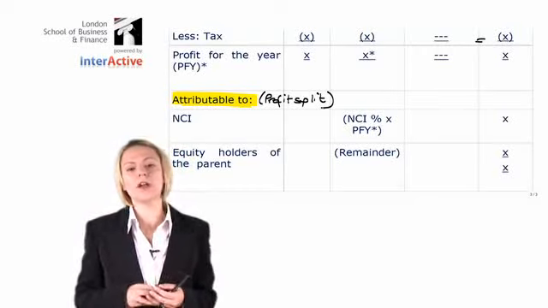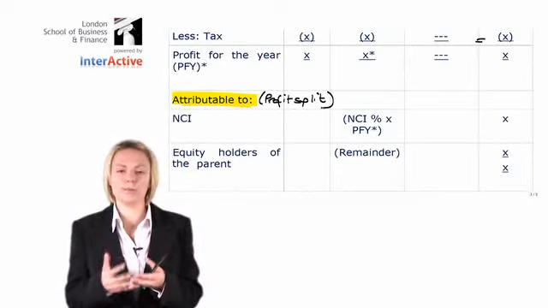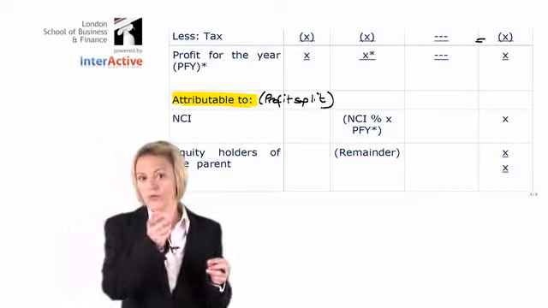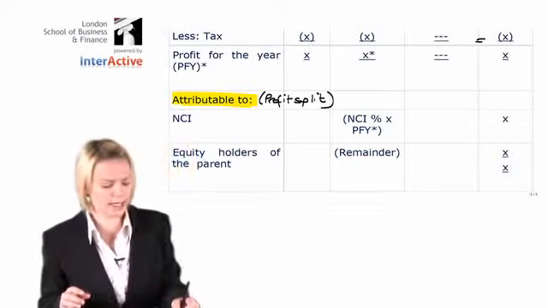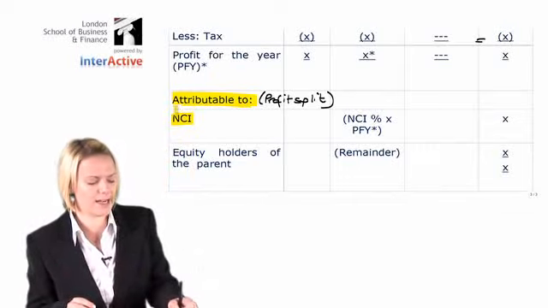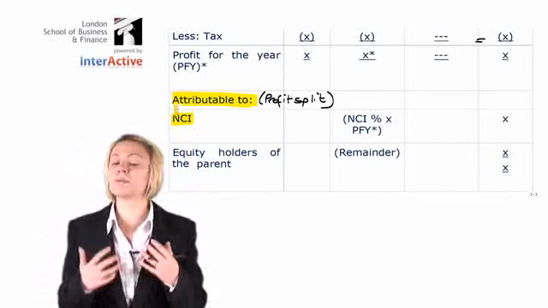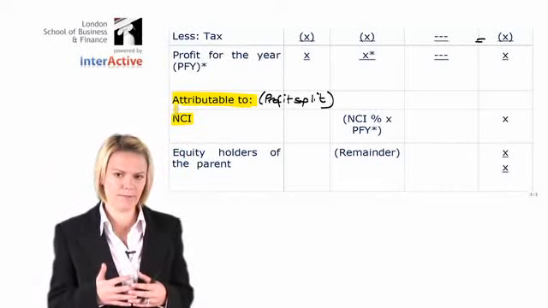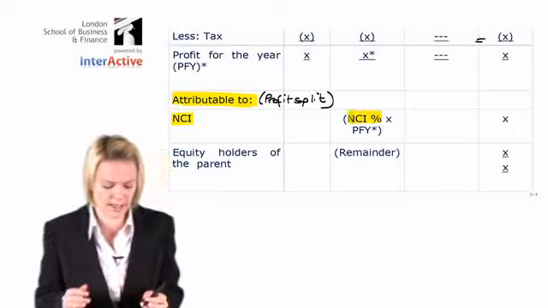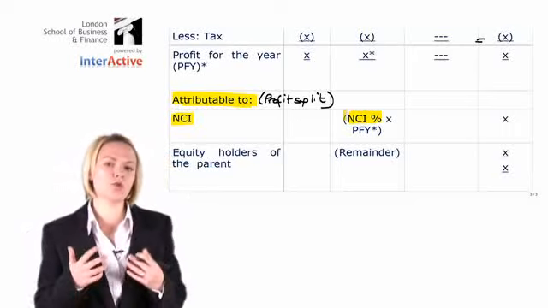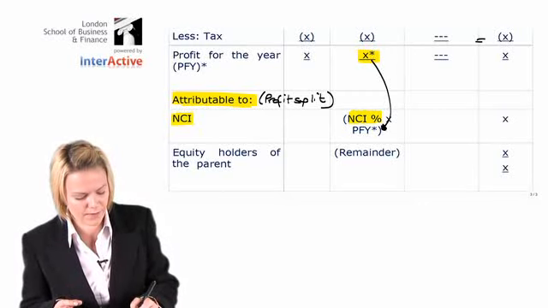Now, we know there's going to be the shareholders of the parent that are going to want profit and also the non-controlling interest. Now, the non-controlling interest, remember we abbreviate to NCI, are going to want their share of the subsidiary's profit in the year. So if the NCI has a 20% share in the subsidiary, they're going to want 20% of the subsidiary's profit for the year.